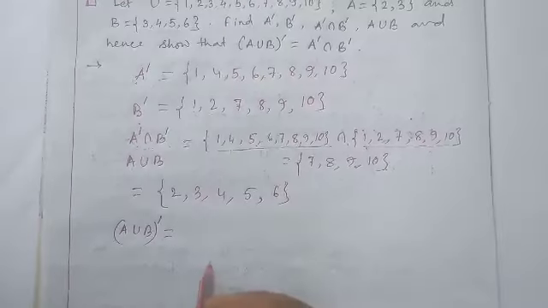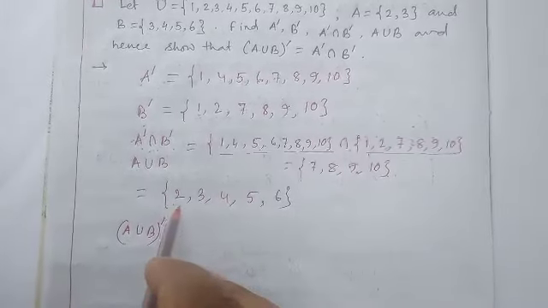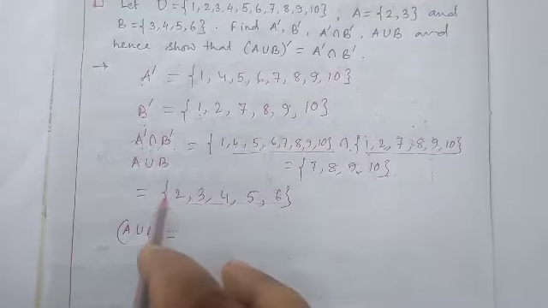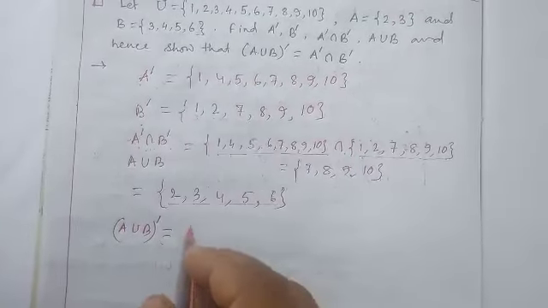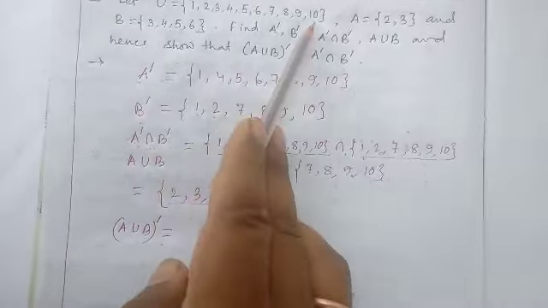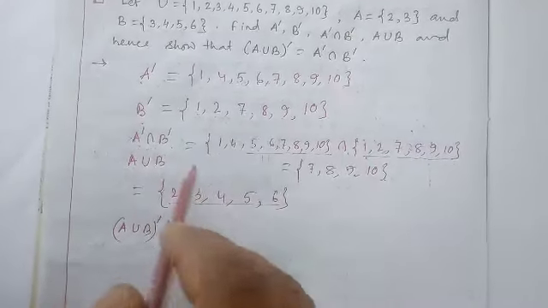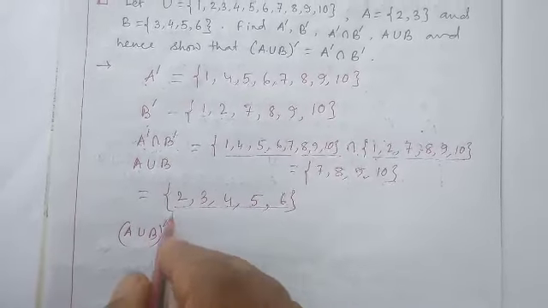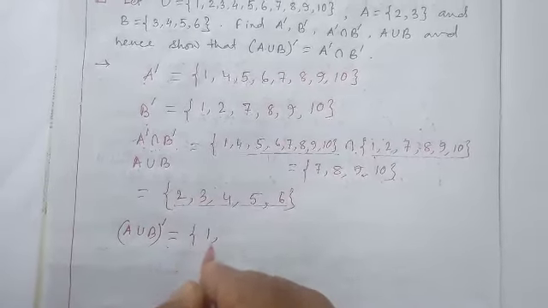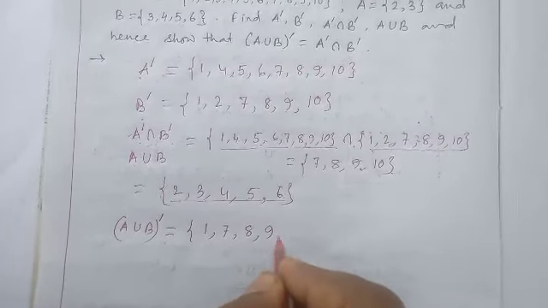Okay. Next you find A union B, its complement. Its complement means except these elements from the universal set. The universal set has elements 1 2 3 4 up to 10, but in the A union B set there is 2 3 4 5 6. So its complement equals 1, and after 6 there's 7 8 9 10.